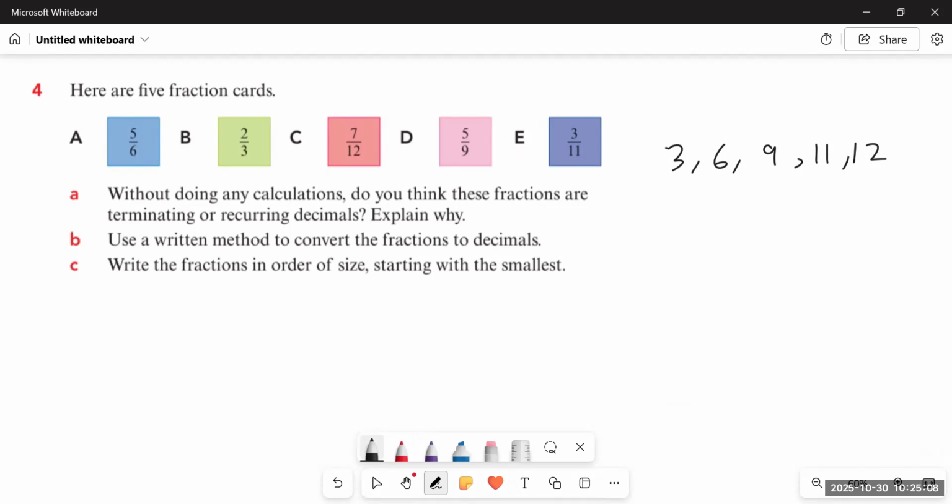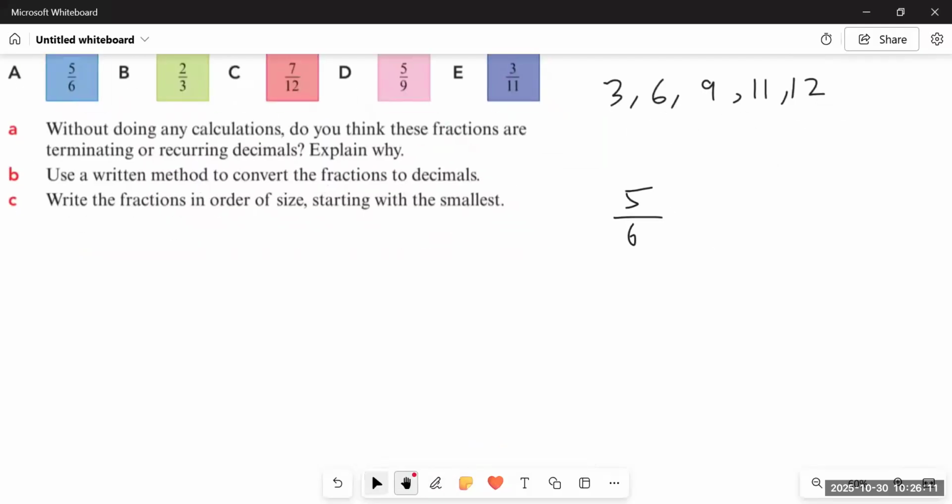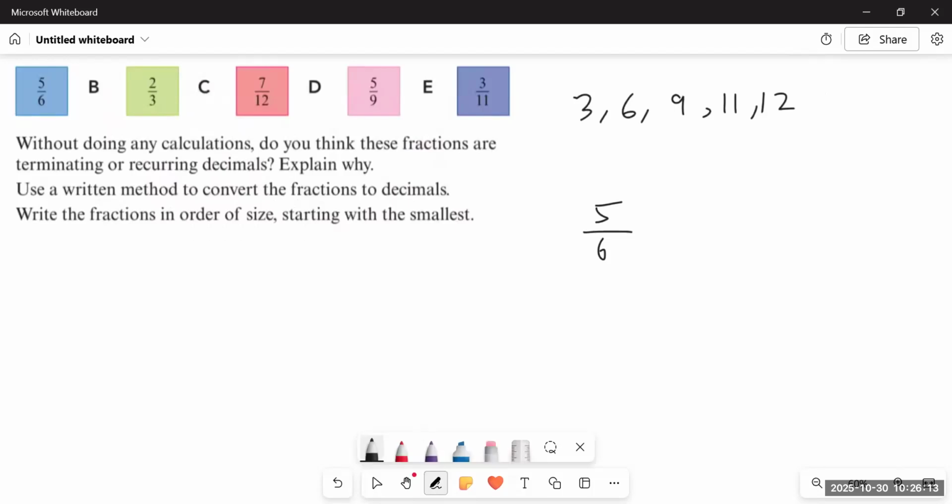So what method can we use to convert these fractions to decimals? If we have 5/6, what are we supposed to do? We will divide 5 by 6 and we will get the answer. So let's see how we convert these fractions into decimals. We'll put 5 inside, 6 outside. Here's 0.